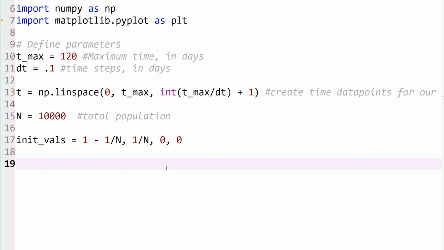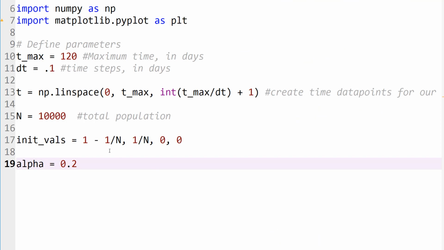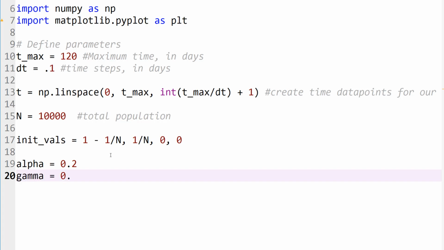Again, these are only initial values. Then let's keep our incubation days as published in the paper, which means our alpha is 0.2. In the paper they defined this alpha as 1 over the incubation period, and they mentioned it is 5 days, sorry, so our alpha is 0.2, and gamma would be 0.5.